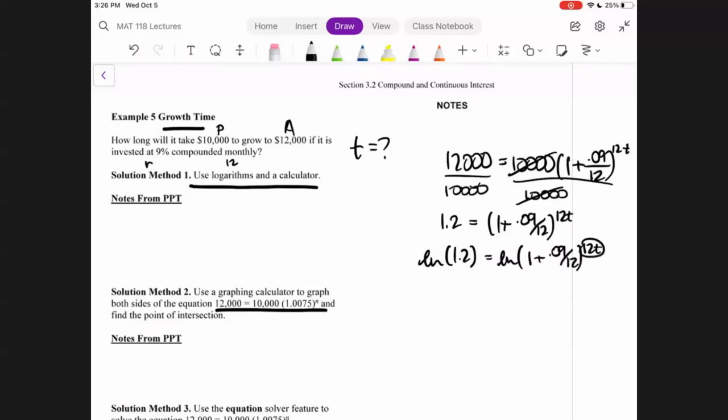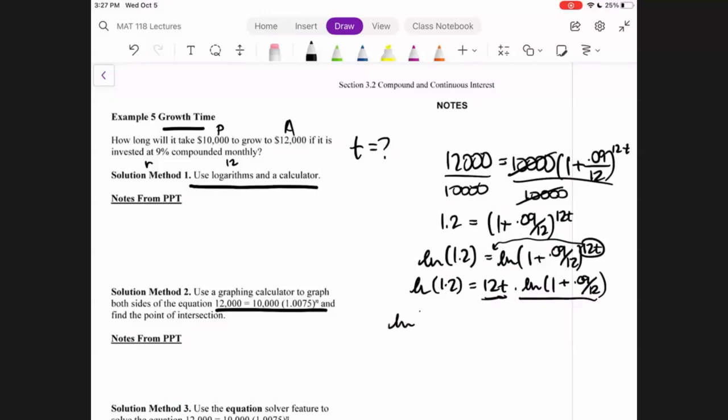And then now I can move this to the front. Okay, so natural log of 1.2 equals 12t times natural log of this expression. And you think, I just want t, so I can divide by the 12 since it's being multiplied, but also I can divide by this.